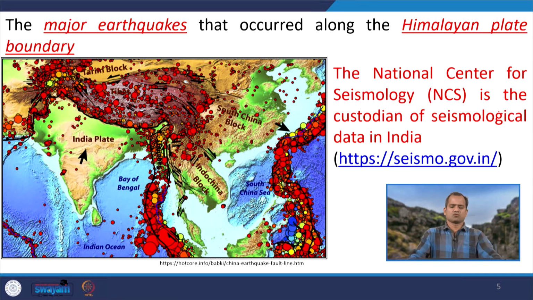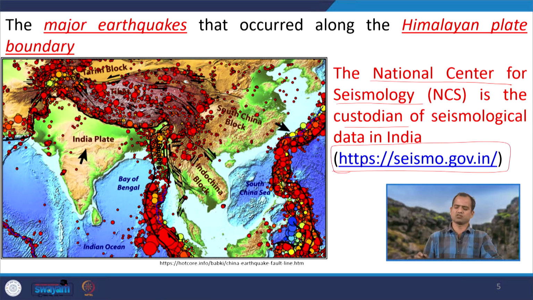The major earthquakes occur along this Himalayan plate boundary, and the National Center for Seismology in India is the custodian of the seismological data, and you can get this information from its website.